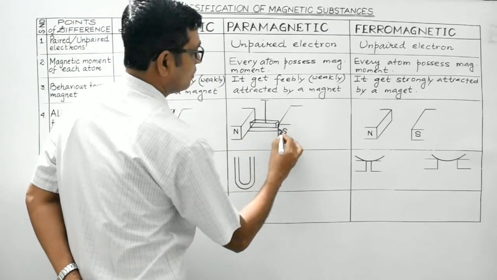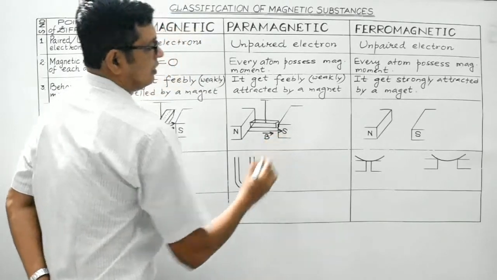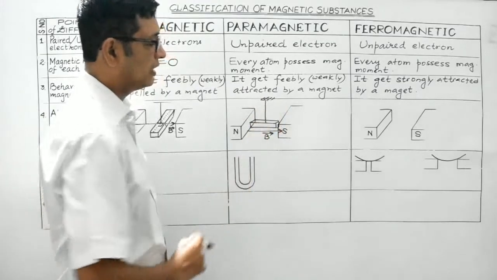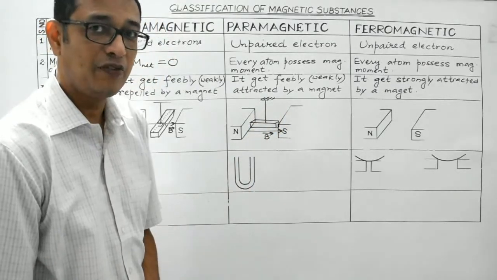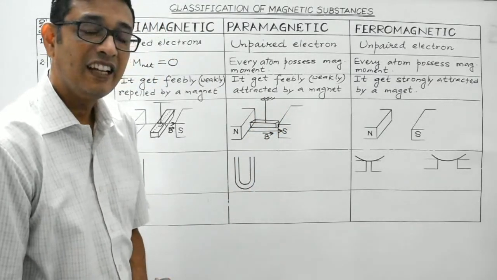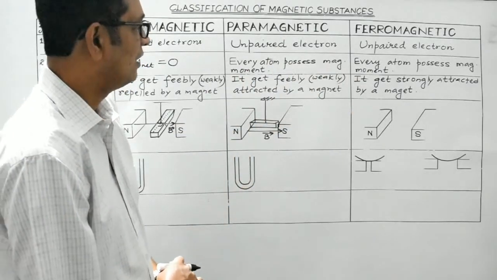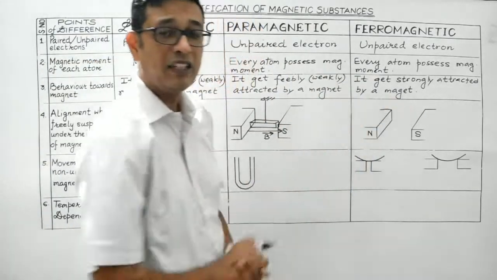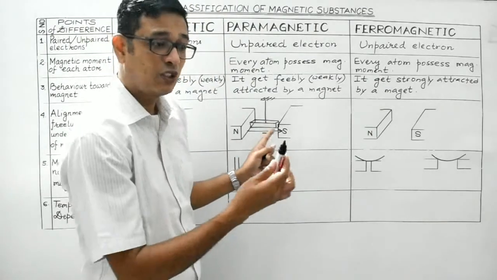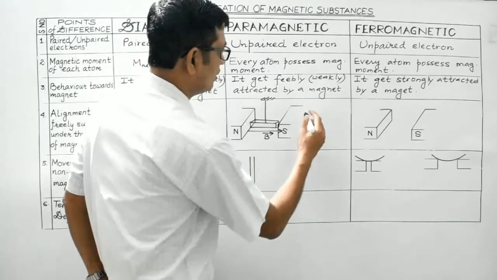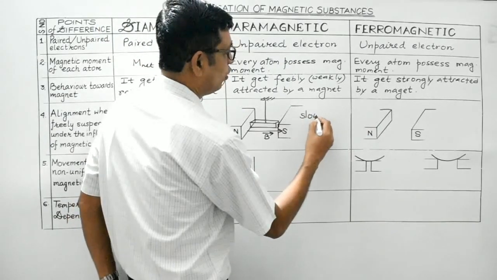So this is the direction of the magnetic field. For a paramagnetic specimen under the influence of an external field, it slowly aligns itself along the direction of the magnetic field. And for ferro, the same thing, but here it readily aligns itself. So here it is the case of slow alignment.